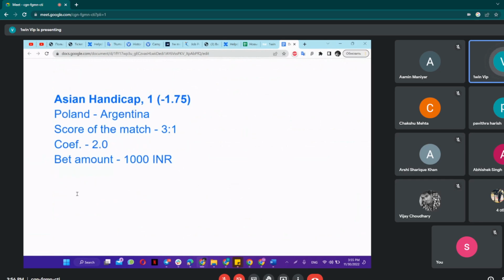So again, Asian handicap should be recalculated into two regular handicaps. The first step and the second step. Minus 1.75 plus 0.25, and minus 1.75 minus 0.25.